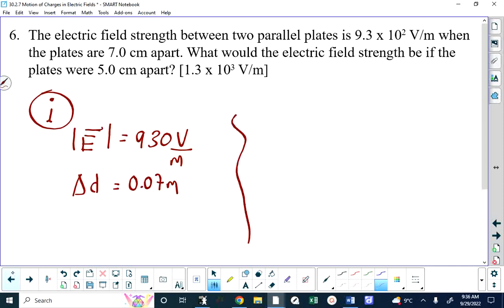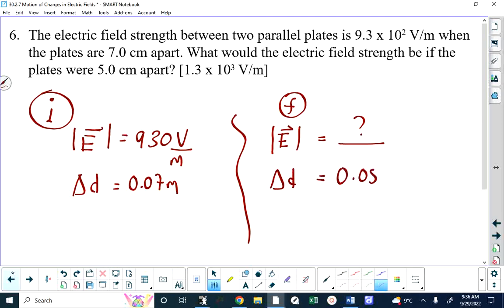And what we are asked is, afterwards, you can use A and B or I and F, whatever you want, what would the new electric field strength be if the distance between the plates were reduced to 0.05 meters.